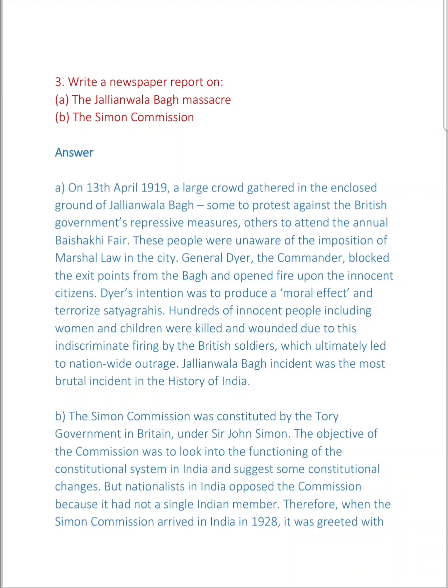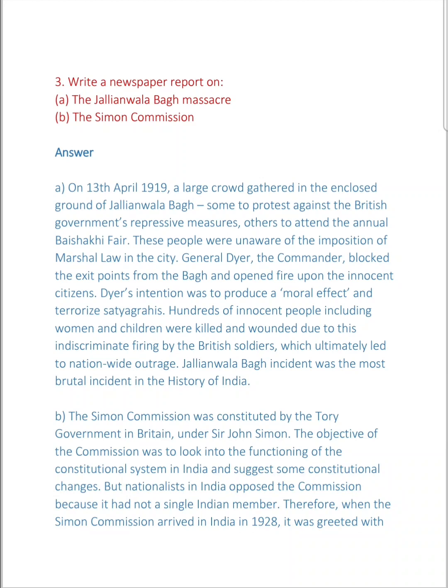These people were unaware of the imposition of martial law in the city. General Dyer, the commander, blocked the exit points from the Bagh and opened fire upon the innocent citizens.